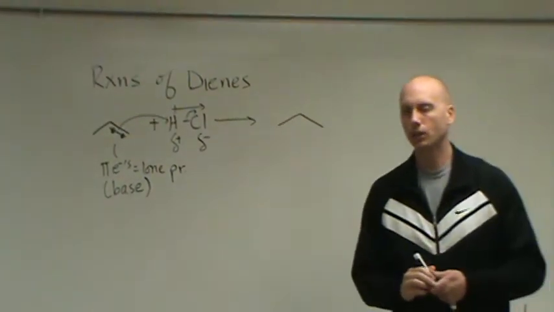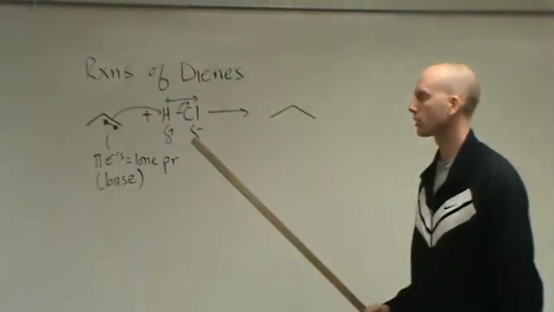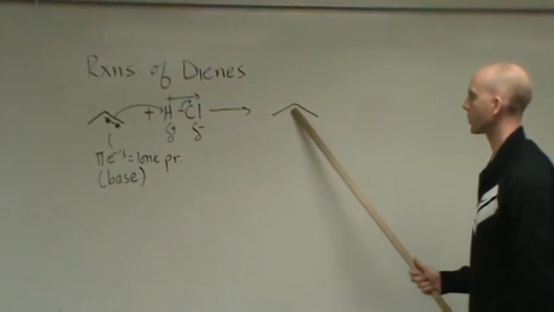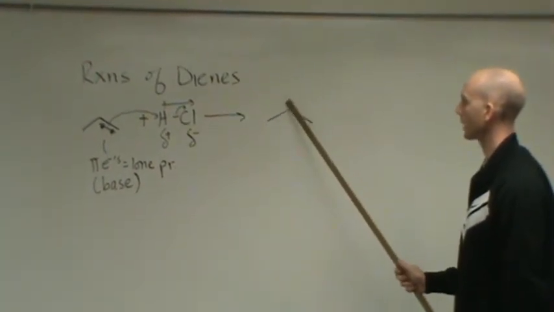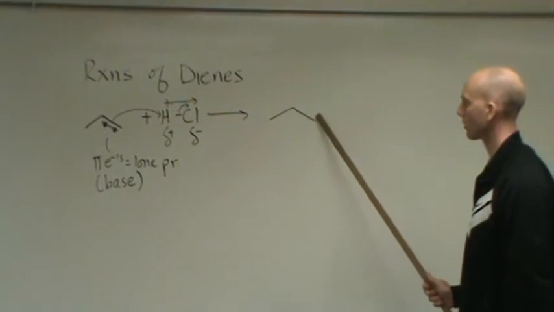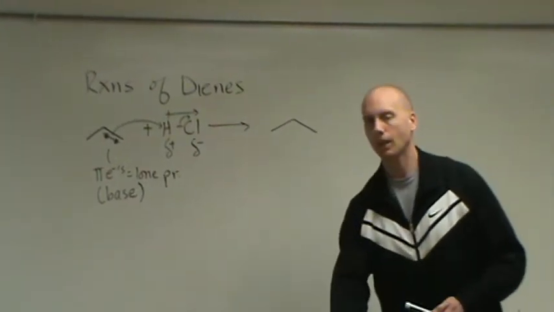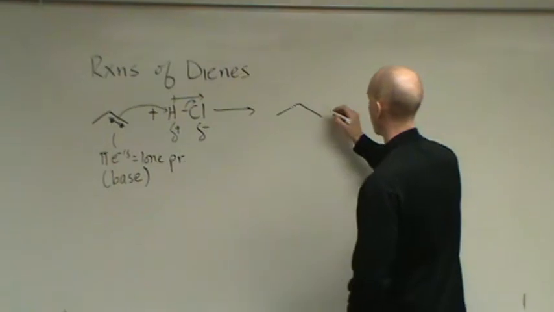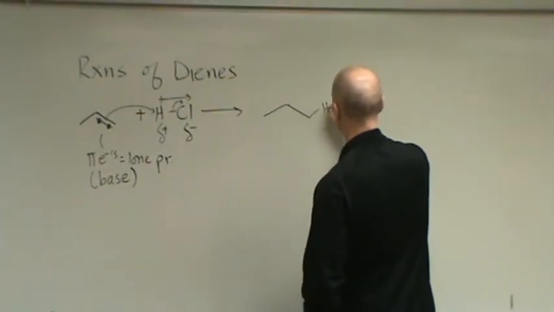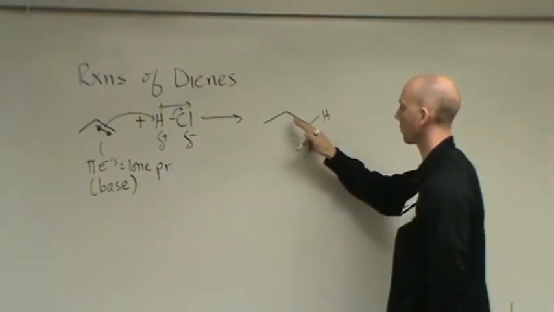So if we do that, we note that we have two possibilities of where to add the hydrogen. The hydrogen could add here, or it could add here. If the hydrogen adds on the less substituted carbon, then what?